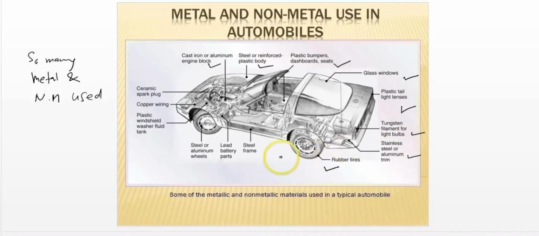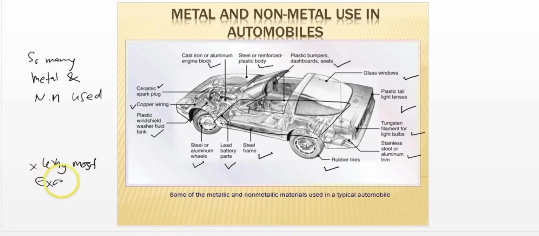Aside from watching my videos, you may also look into your slides. You may refer to the applications of steel, aluminum wheel, plastic windshield, copper wiring, ceramic spark plug. So these are examples of the materials used in terms of metal, ceramic and polymer.